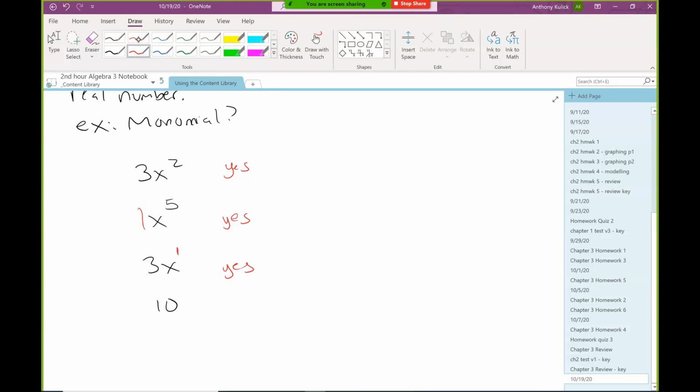Well, this is maybe an unfair question because probably we don't know this. The answer here is yes, because the way we justify this is 10 is equal to 10 times 1, and 1 is the same thing as x to the 0.